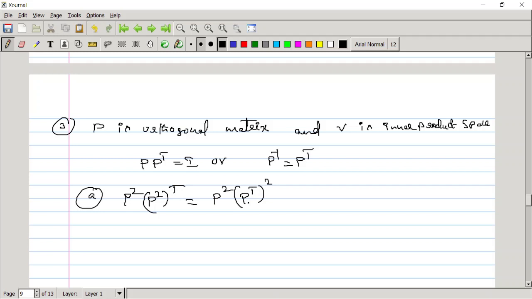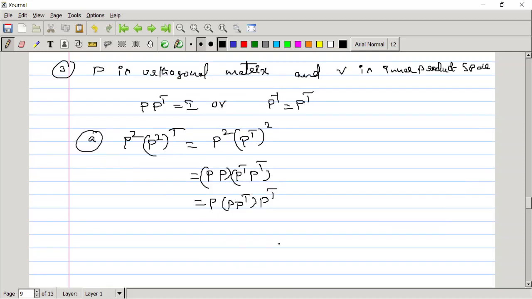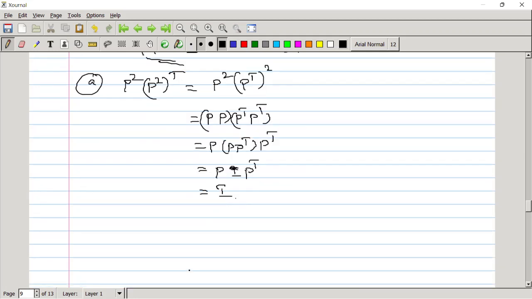So we can rewrite this as P times P and P transpose times P transpose. By the associative property, this is P into P transpose into P transpose, and the first condition gives P times I times P transpose. This is again I. So P square into P square whole transpose is nothing but identity. So from this we can say P square is also orthogonal.